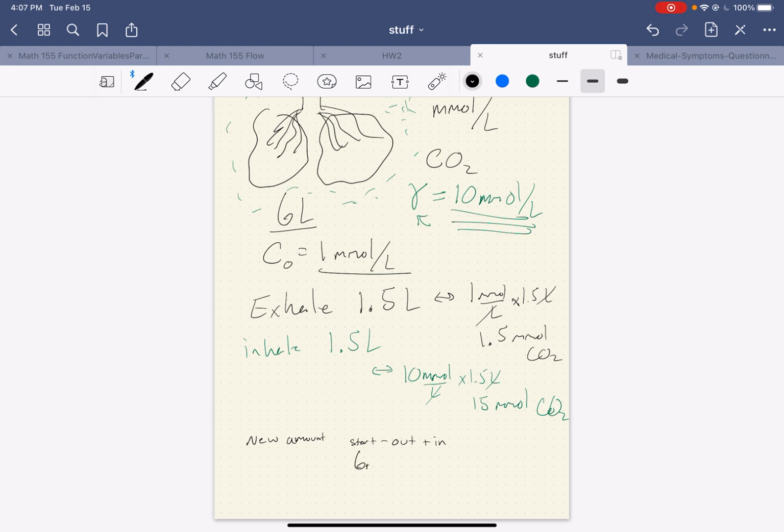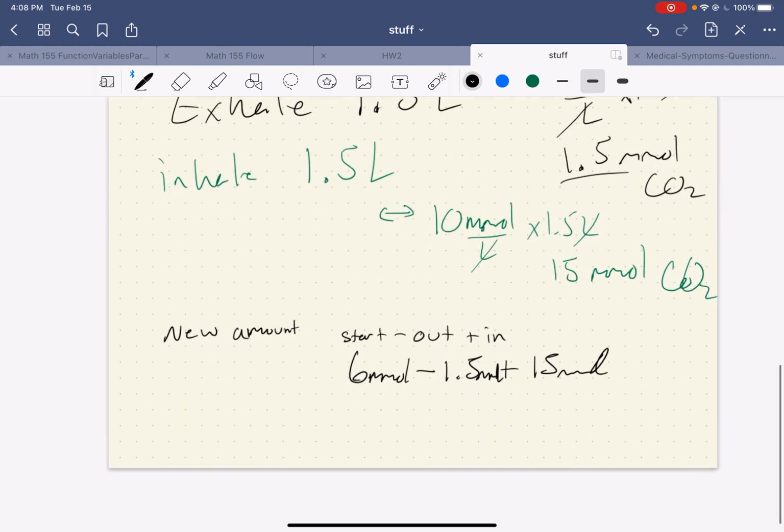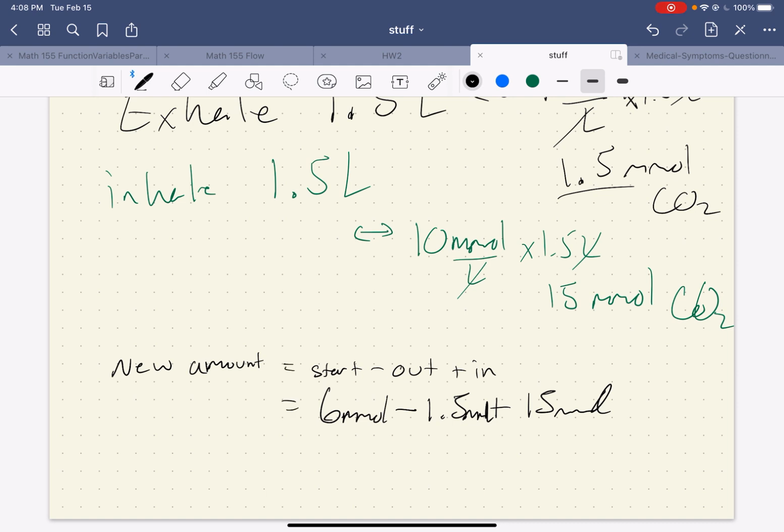So I began with 6 millimoles of carbon dioxide. I exhaled 1.5 millimoles, and then I inhaled 15 millimoles. All these units are millimoles, and my penmanship will just be terrible. All right. So my new amount is equal to, let's see, 6 minus 1.5 is 4.5, and add that, I get 19.5.